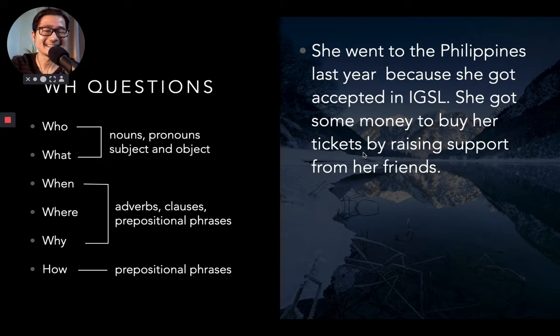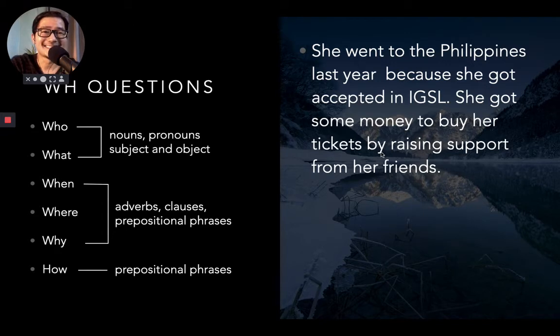Or if you want to keep the grammatical structures contained here, what's the verb? That's correct. It's got, and it is in the past tense. So use did. So how did she got? Is that correct? No, you have to change it to get. How did she get some money to buy her tickets?